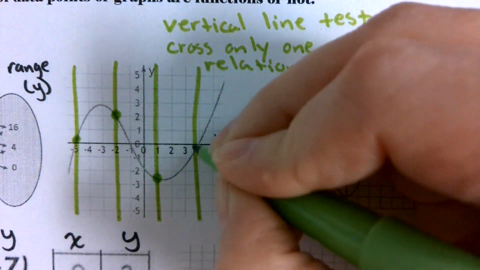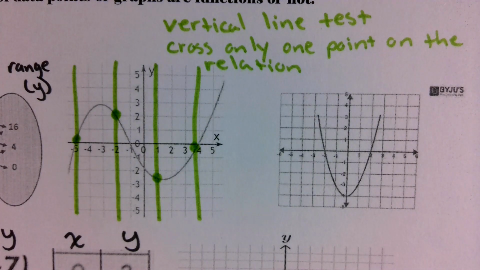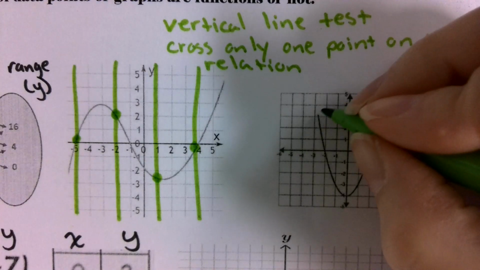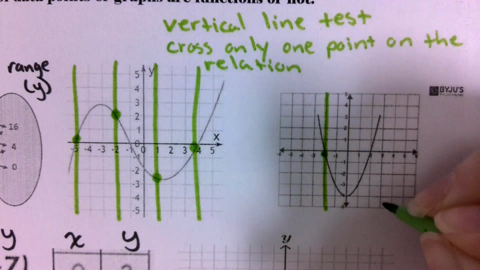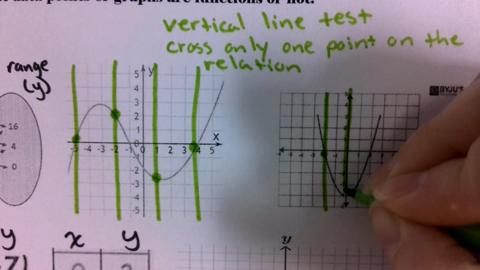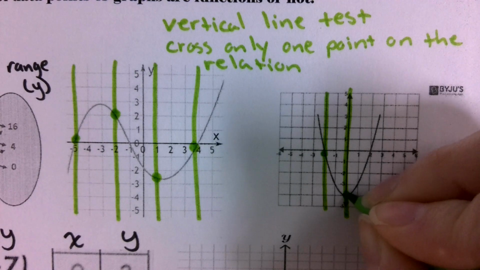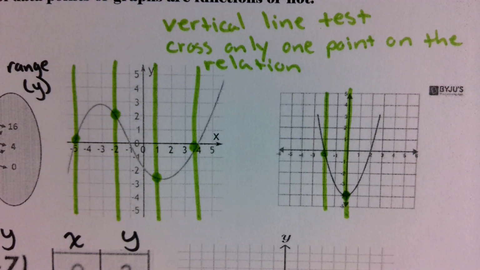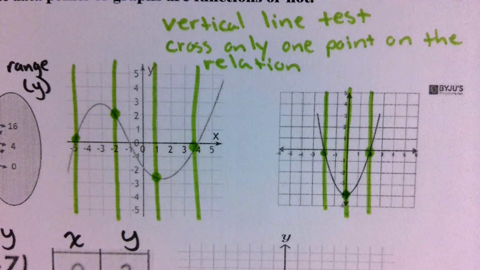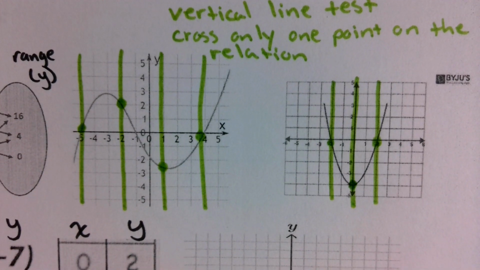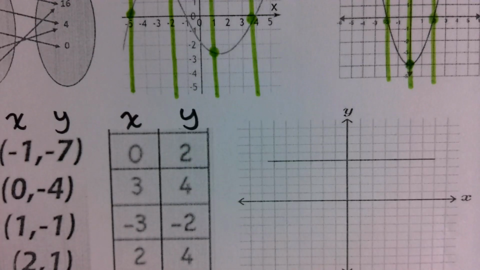It does not matter where I draw my vertical line, I'm only going to cross it at one point. Same thing here. Even if I go all the way down the axis, it only hits the relation at one single point at the bottom. The vertical line crosses the relation at one point.